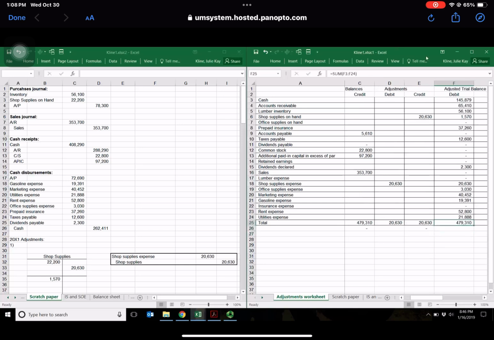Is my ending balance in shop supplies what I want it to be? Yes, it is. My adjusted trial balance is where my problem told me to take it, and my expense account is also reflected appropriately. I'm going to stop there and we'll pick up with the adjustments in the next lecture.